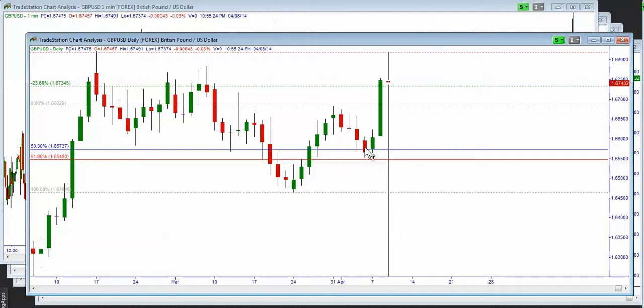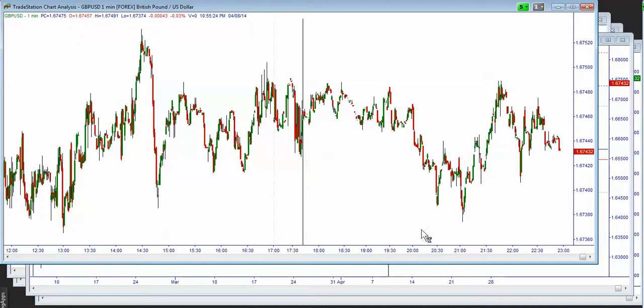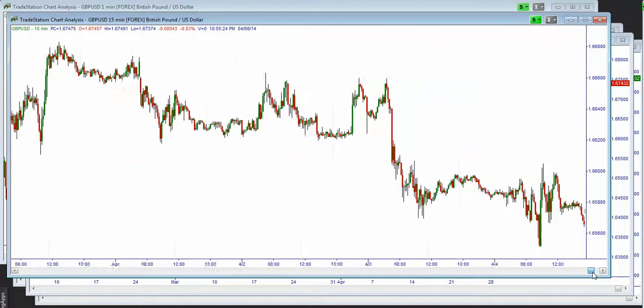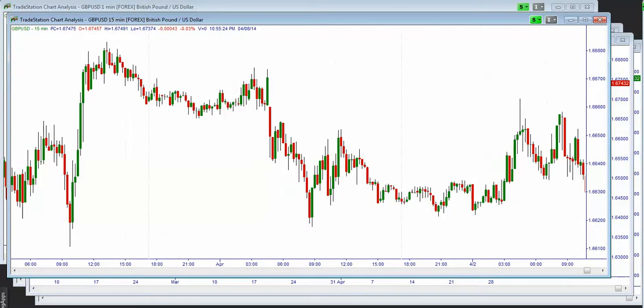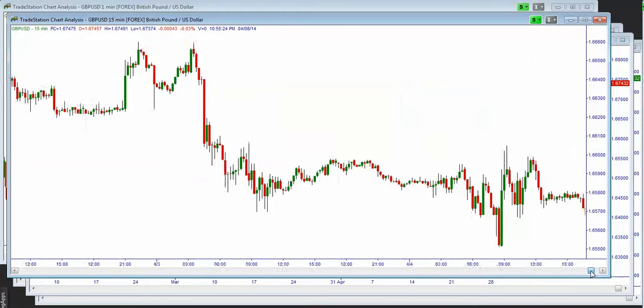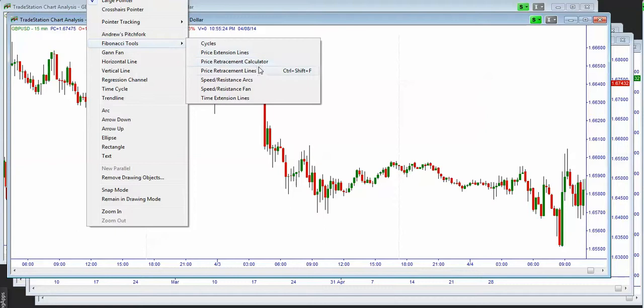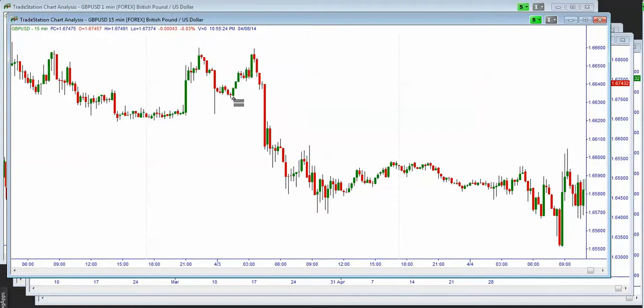I just want to show you the sequence of measure moves lower on the 15 minutes, which brought price into this area of support. And when we look at that, it's very clear, the sequence of measure moves on the downside, and once we observe this sequence, we can also identify a level where this sequence fell.